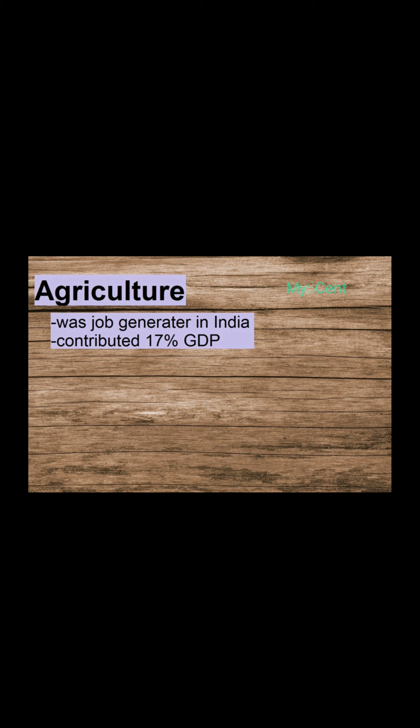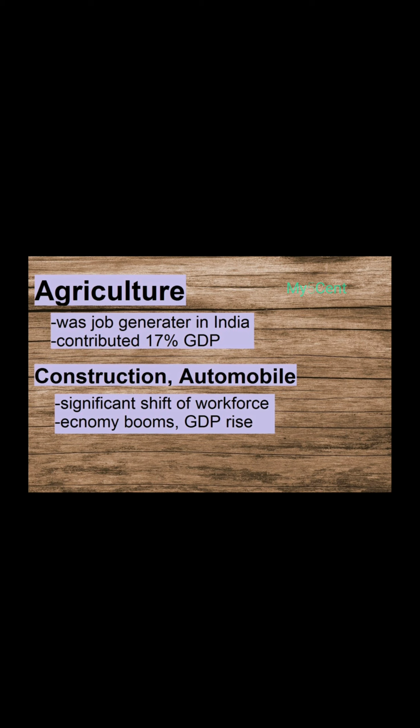Agriculture was the sector that generated jobs for most of the people in India and contributed 17% of the total GDP. And with the booming of industry sectors such as construction and automobile, there is a significant shift of workforce from agriculture to those sectors. Industries such as construction and automobile cause India's GDP to rise as those markets create new jobs and suppliers for materials needed.